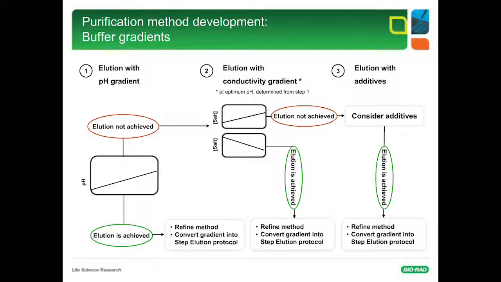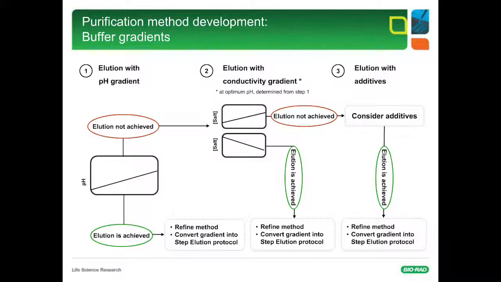And then you run a pH gradient. With the increase of pH, we can create charge repulsion between the ligands, because the carboxylate will become negatively charged and your protein molecules will lose some of the protons during this pH gradient.